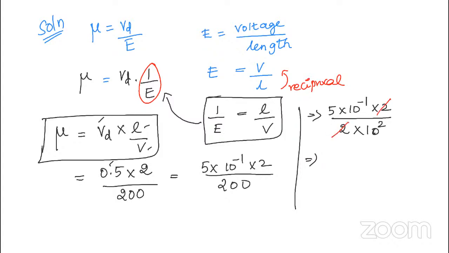Then 5 into 10 power of minus 1 into 10 power of minus 2. So here 5 into 10 power of minus 3. Okay, so this is option D.